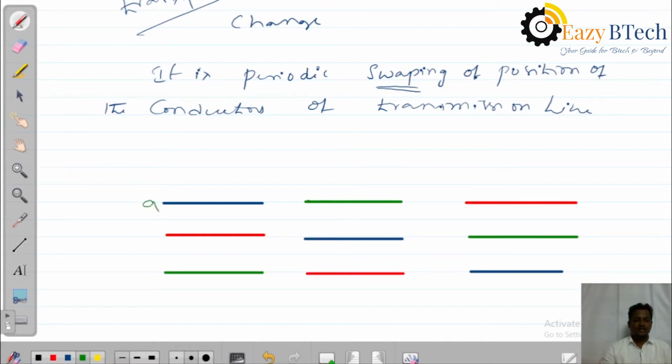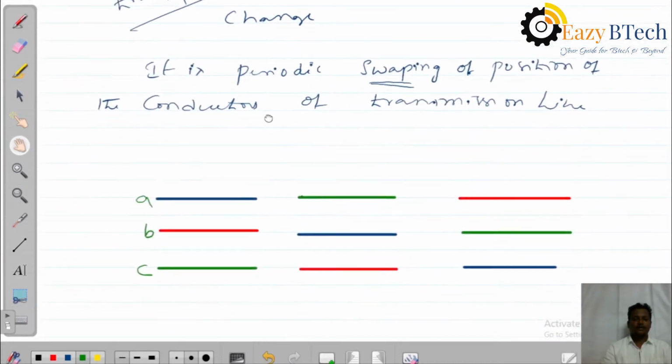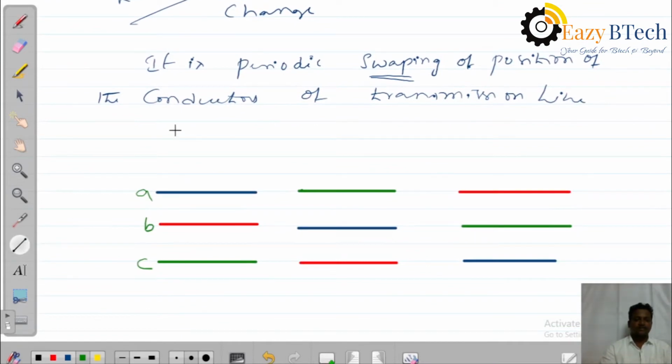This is conductor A, this is conductor B, this is conductor C. In both cases there is no difference. I will draw once again the untransposed case.